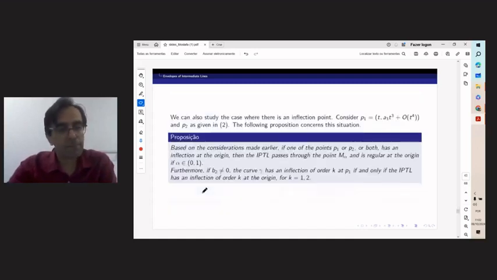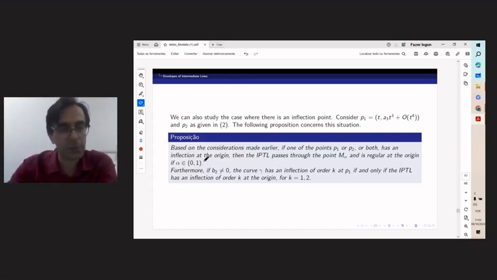Well, again, here we can consider the inflection points as well. We consider if P1 is an inflection, then we have another condition for regularity, and for example, here this proposition says that if P1 is an inflection, then the envelope passing through the midpoint is regular if alpha is different from half.